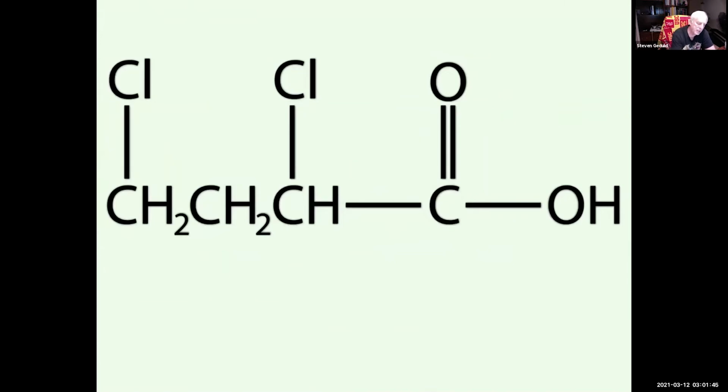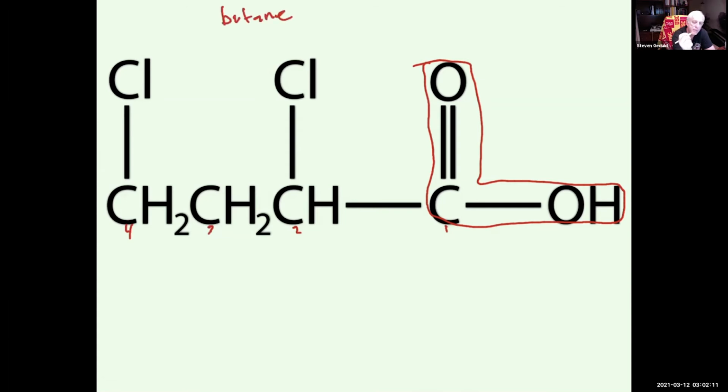So again, you recognize the functional group that's attached as a carboxylic acid, COOH. A carbonyl group and a hydroxyl group make a carboxylic acid. And then you number it, always starting with number 1 on the carbonyl carbon. 2, 3, 4. 4 carbons is butane. Okay, carboxylic acid, we drop the E, add OIC acid.